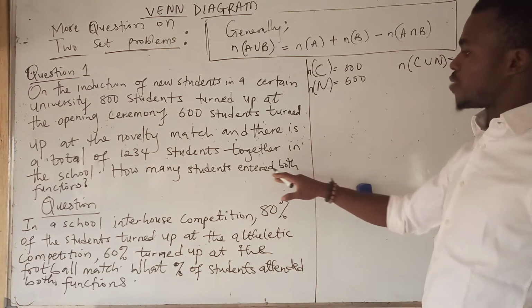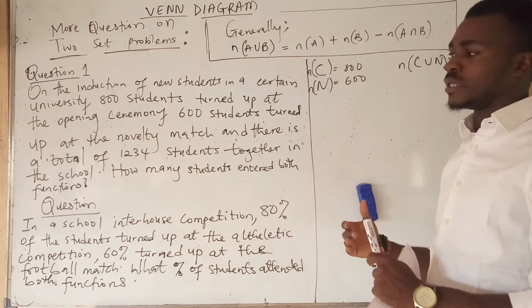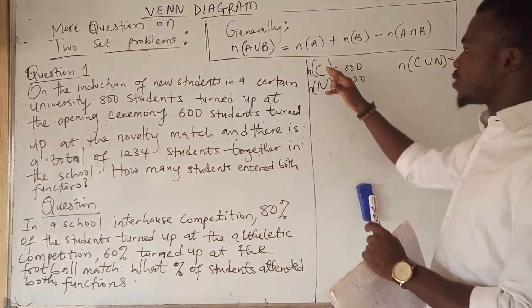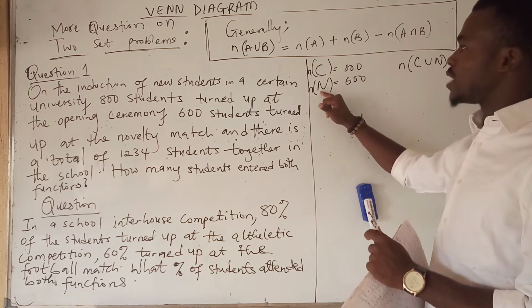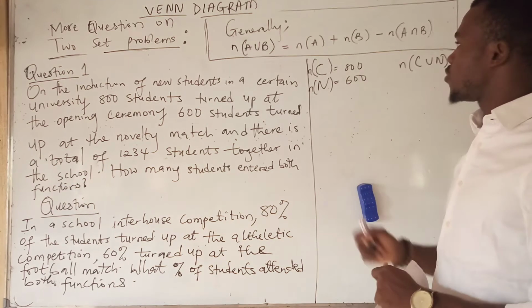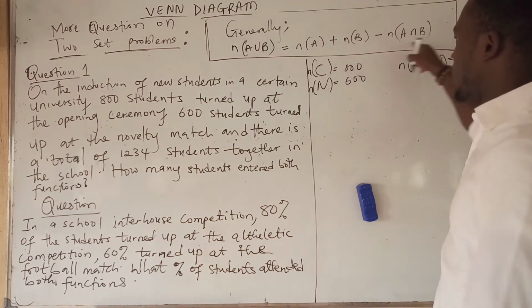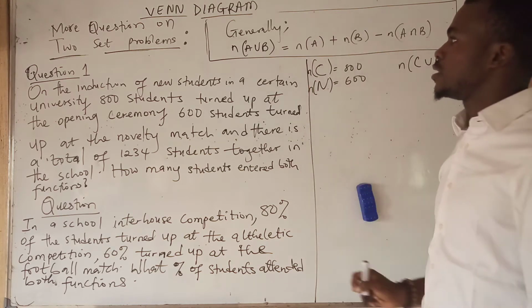Now we are asked to find how many students entered both functions. So what we are trying to look at is the intersection between those that attended the opening ceremony and those that attended the novelty march. So we use this formula, the general formula we have been using to solve the two-set Venn problem.